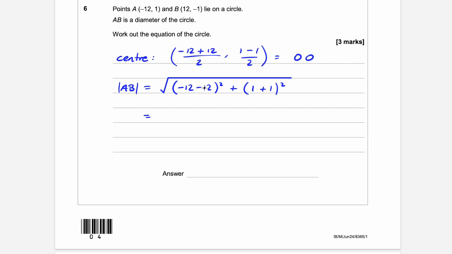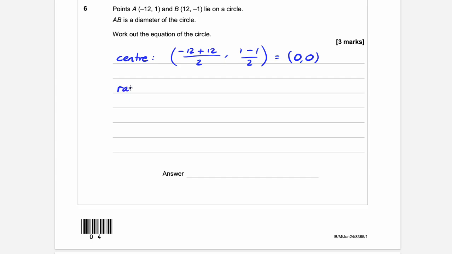Sorry, that's 0, 0. I just realized, guys, it's definitely going to be easier to get the radius by getting the distance between the center and one of these points.